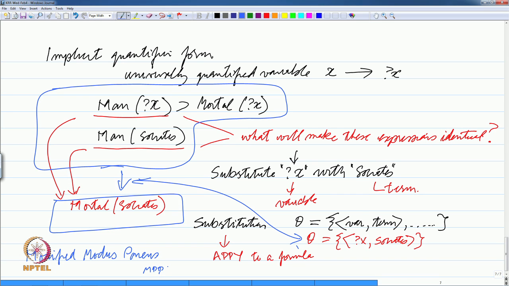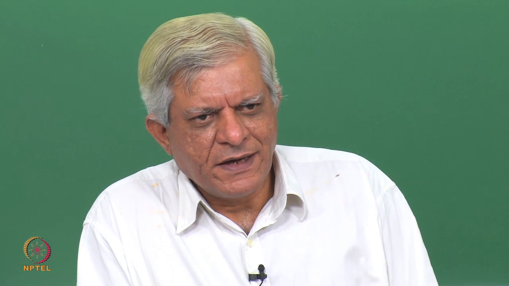A modified modus ponens can be applied to a formula in an implicit quantifier form, and what it needs is that you must be able to make the left hand sides of the implication and the other statement identical by applying a substitution, and then you can apply the same substitution to the right hand side of the implication to infer that.